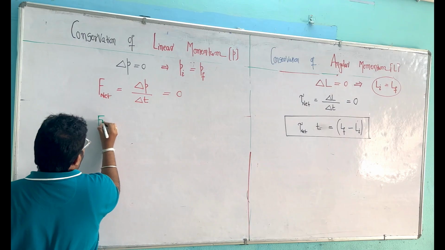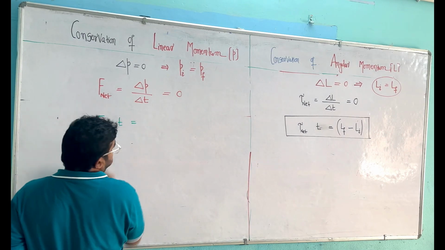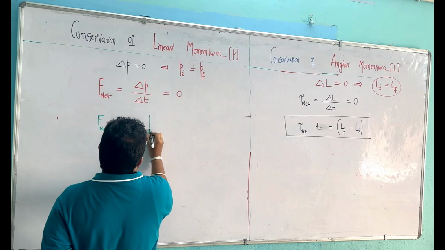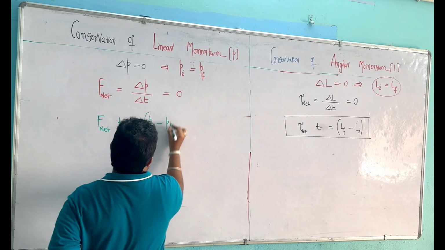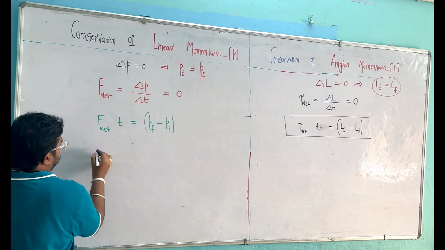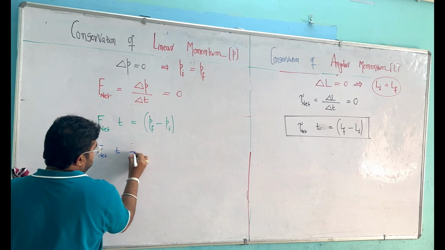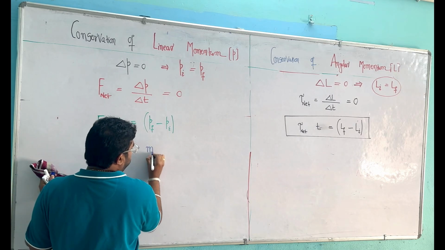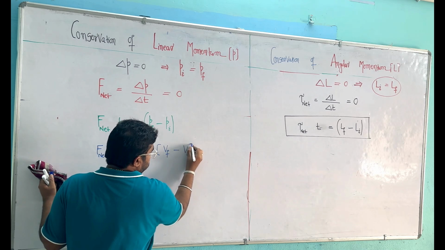What is the impulse momentum equation? F net into T equal to how much? P final minus P initial. Okay? F net into time equal to M into V final minus V initial.